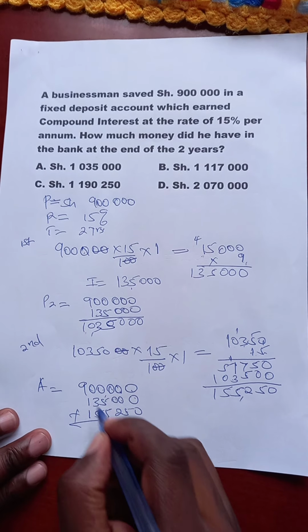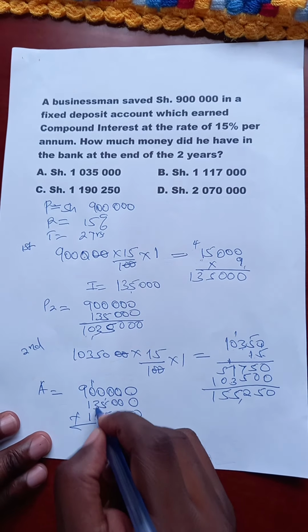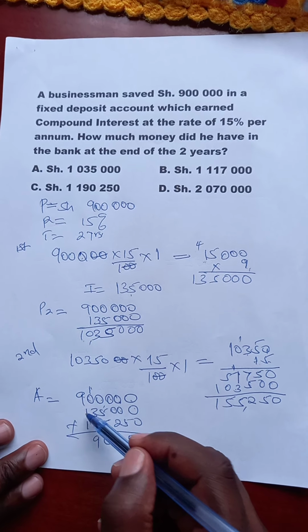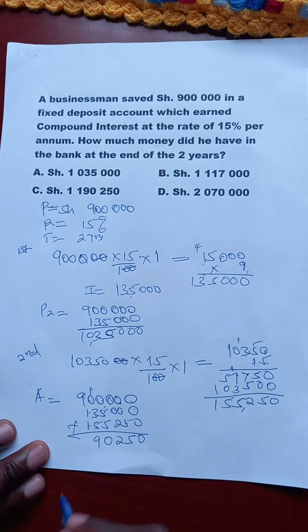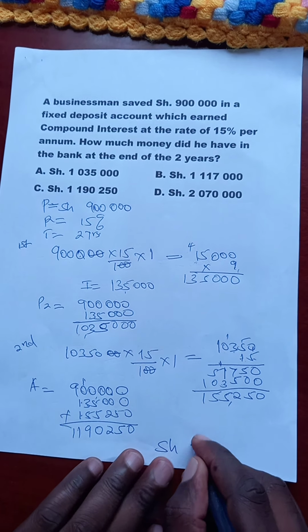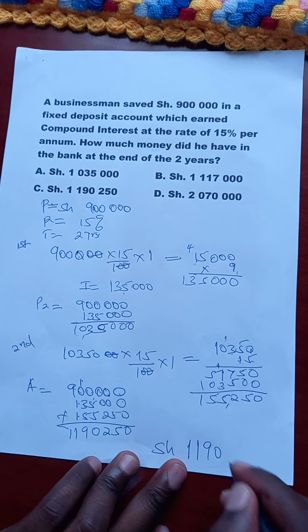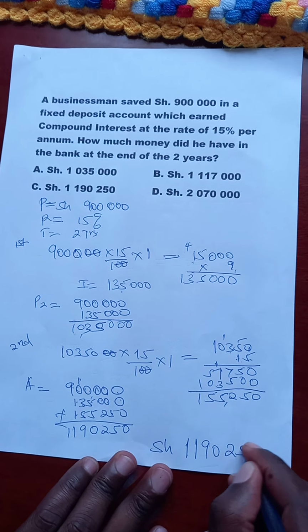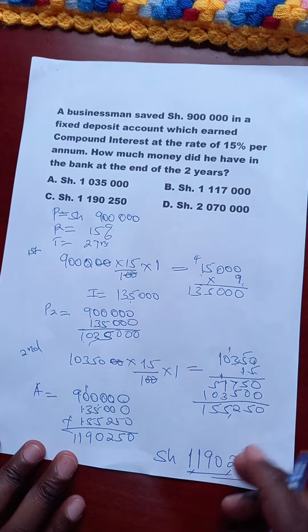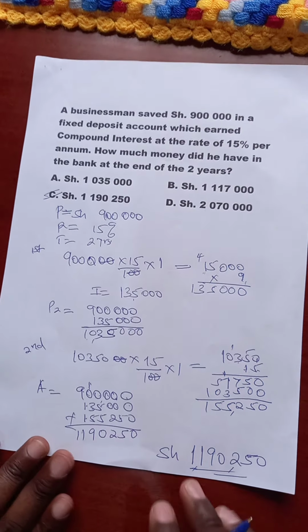You write 0 carry 1. 1 plus 3, 4. Plus 5, 9. 9 plus 1, 10. Plus 1, 11. You get shillings 1,190,250 shillings. So learners, our correct answer was C.